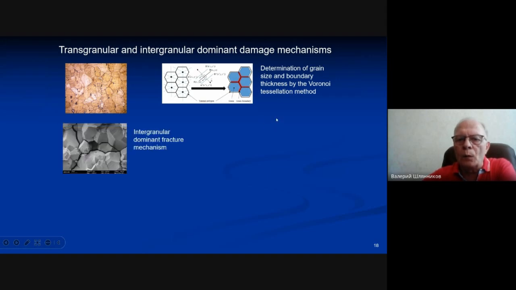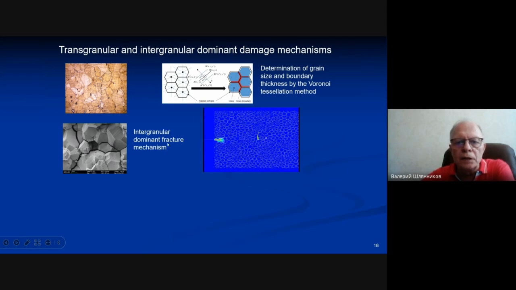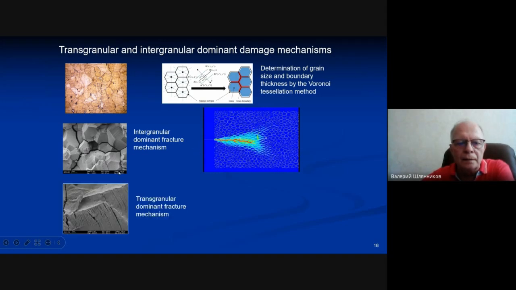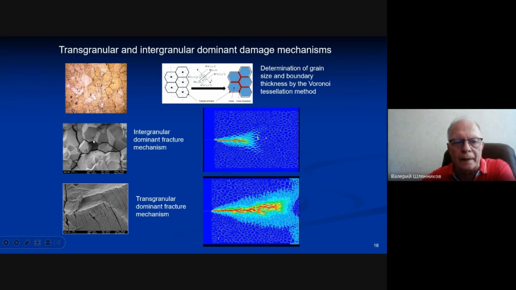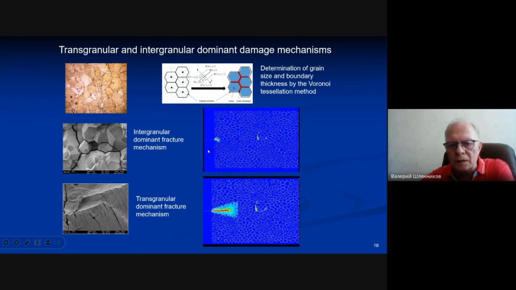By employing the Voronoi tessellation method and specifying different properties for grain boundary and grain, we are able to model the intergranular dominant fracture mechanism and the transgranular fracture mechanism. In this video, you can see the crack pass along a grain boundary in terms of the phase field fracture damage parameter.